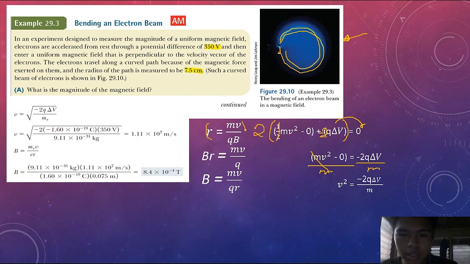So, multiply natin siya by B, then makancel tong B. And dividing both sides by R, we'll have the magnetic field equals to mass times velocity over charge and radius.